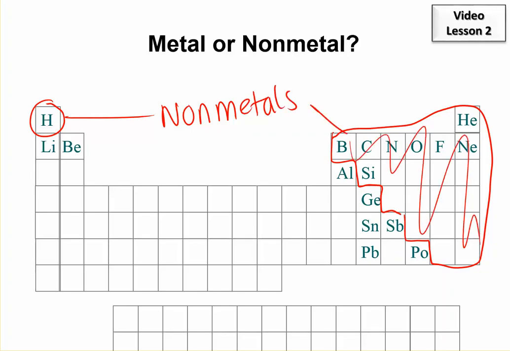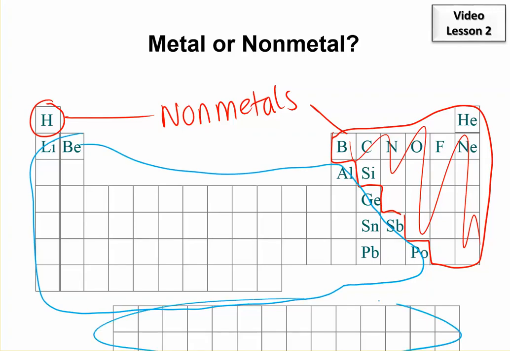Mostly over here, but we need to remember hydrogen, of course, is a nonmetal. All of the rest of these, including these down here, are all metals. So most elements are metals.